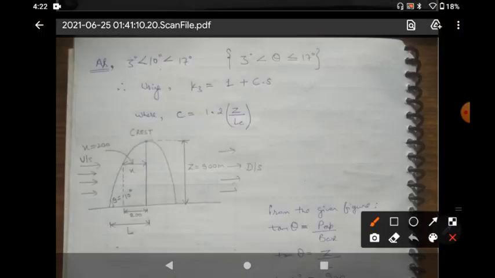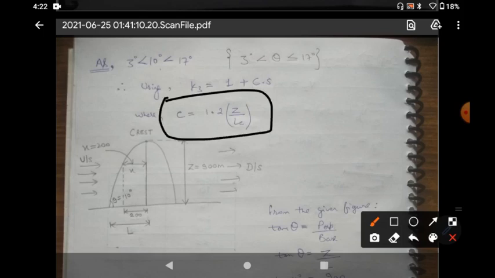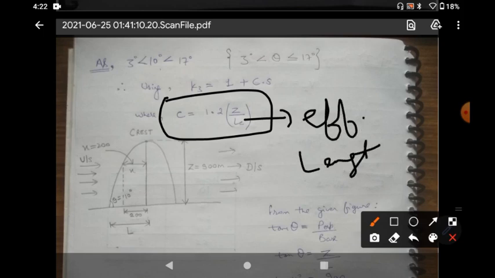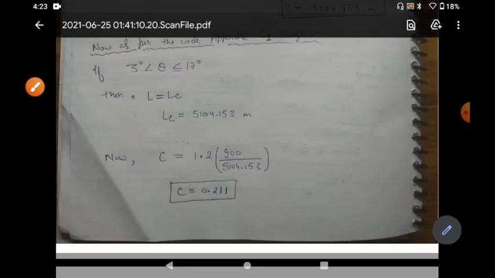If we look at the formula, C is equal to 1.2 Z by LE. We would be requiring LE, that is the effective length, but now we only have the value of L, that is not the effective length.